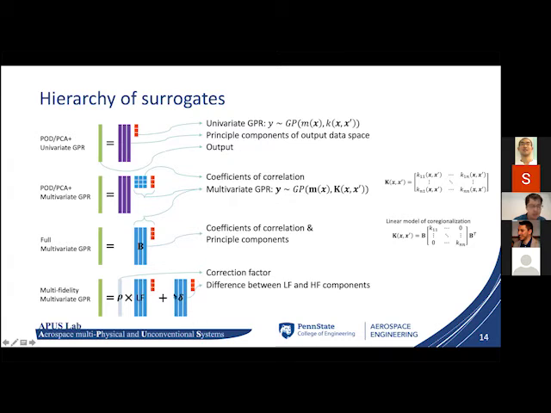And then we add another GPR that characterizes the difference between the low fidelity and the high fidelity components. And in this manner, we obtain what we call the M2 GPR, where it's essentially a mixture of the low fidelity and the high fidelity data.